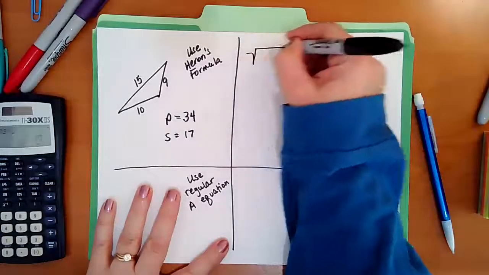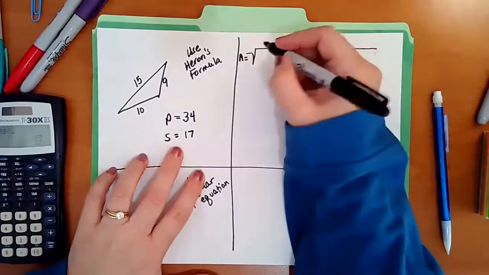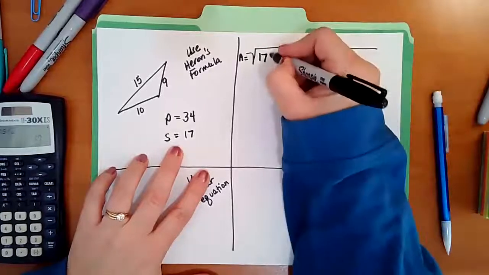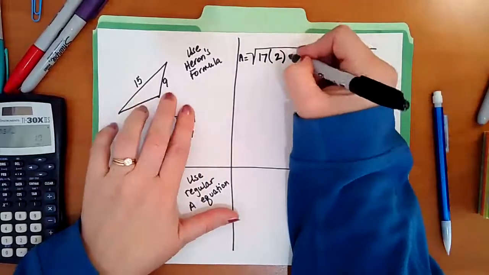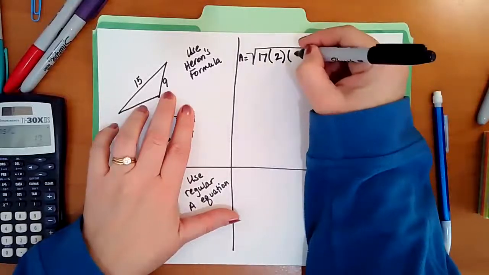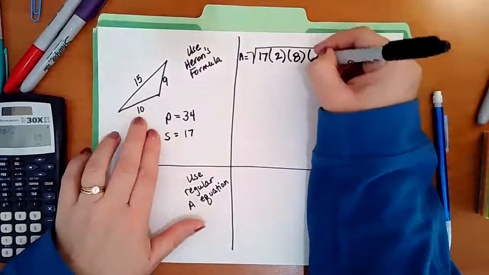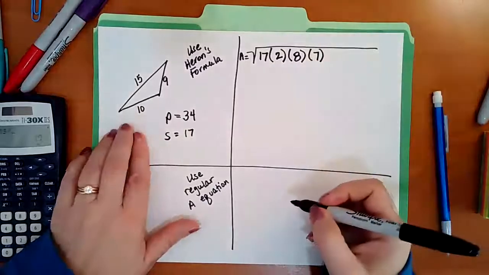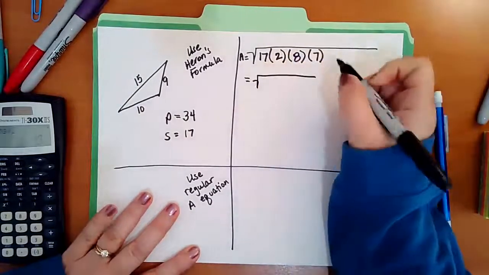So figuring out Heron's formula, A is going to equal 17, my semi-perimeter, and then 17 minus 15 is 2, and 17 minus 9 is 8, and 17 minus 10 is 7. I sure hope I'm doing that math right. Like I said, I am under-caffeinated.